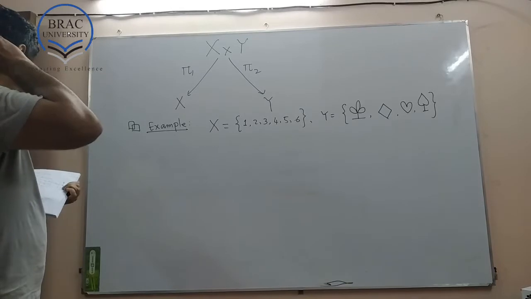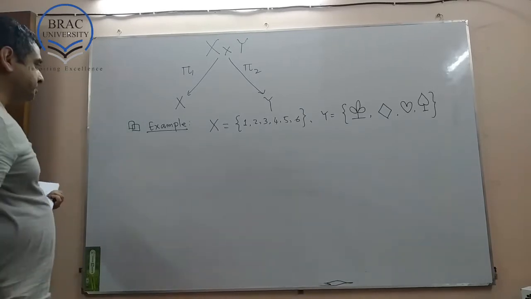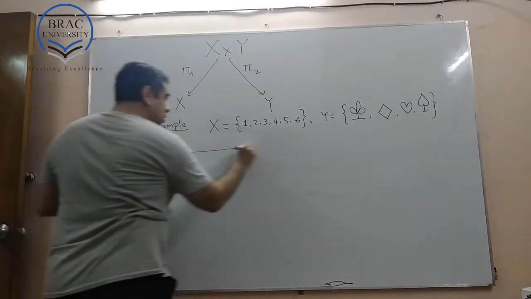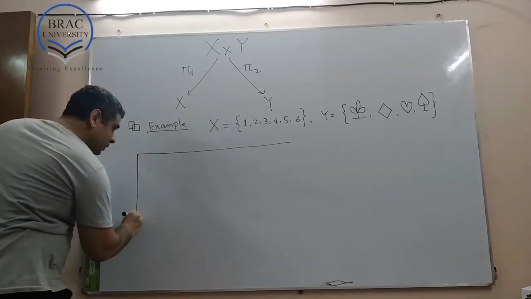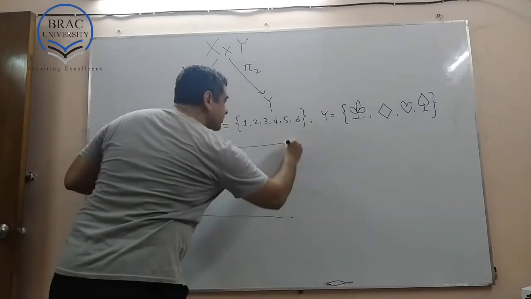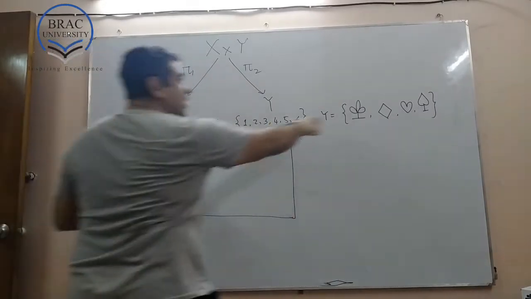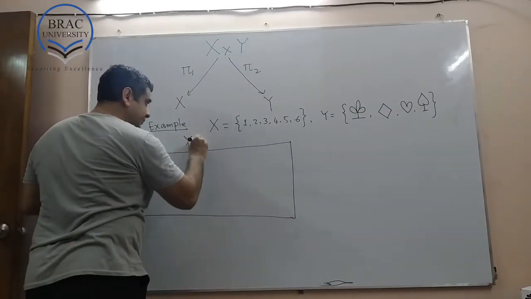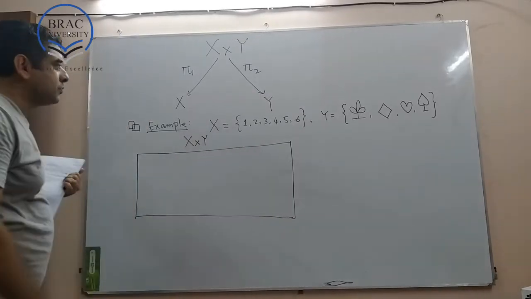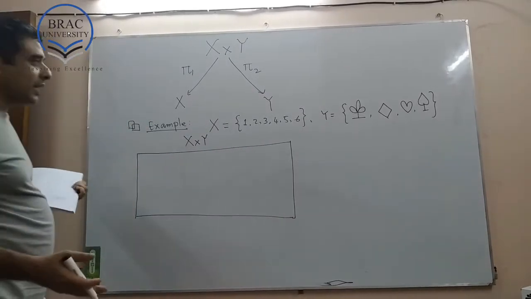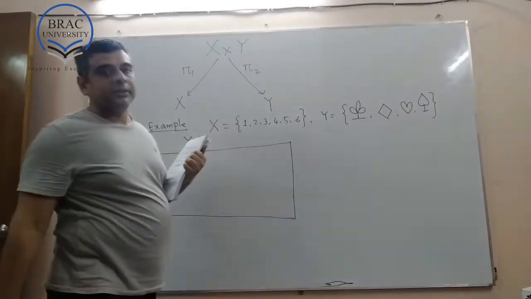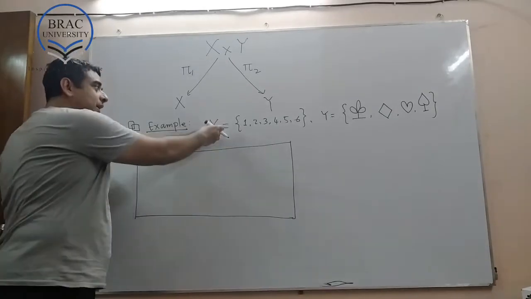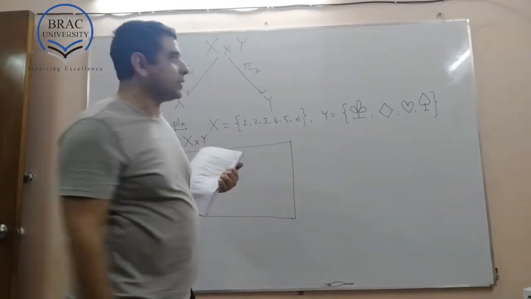Now, what is this product X cross Y in this example? It is a set containing 6 times 4, 24 elements. Each of the elements is an ordered pair, where the first entry comes from set X, and the second entry comes from set Y.